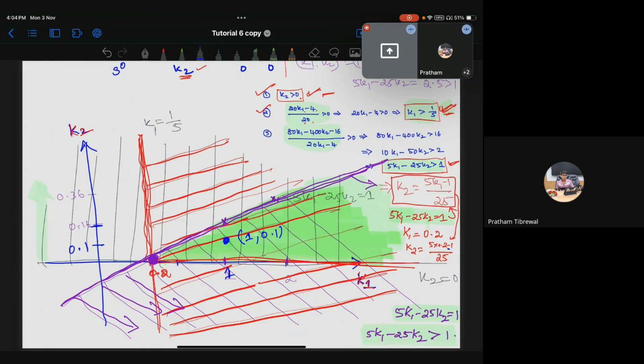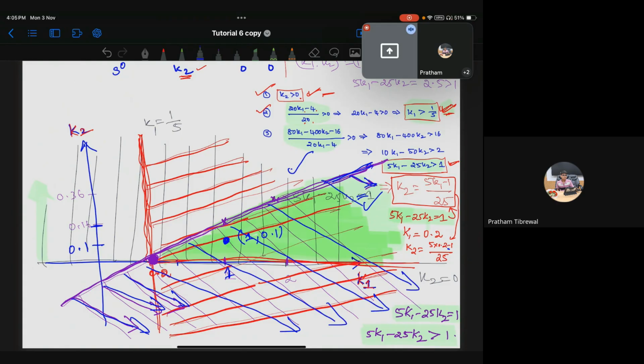Check whether that value is on this side or this side, whether it is greater than 1 or less than 1, because on the line it is equal to 1. It will be greater than 1, which means this side. So this is the region greater than 1. Now what is the intersection? Intersection is this green region.